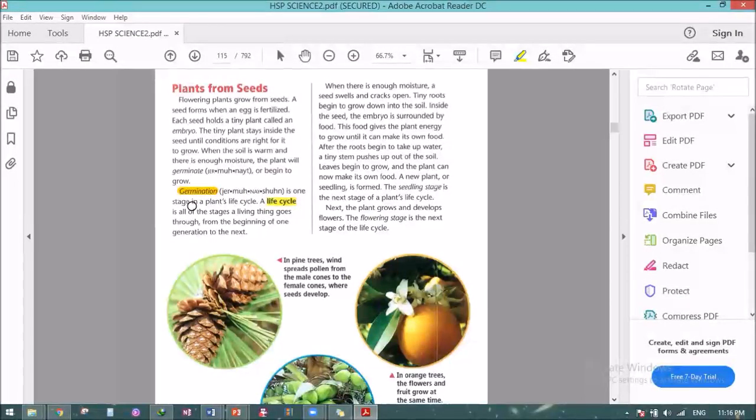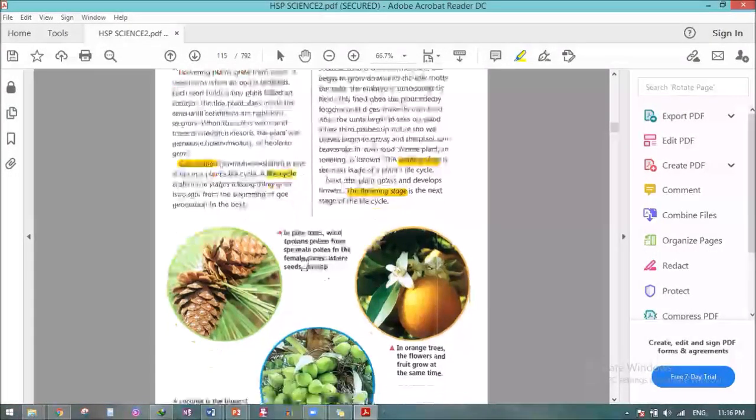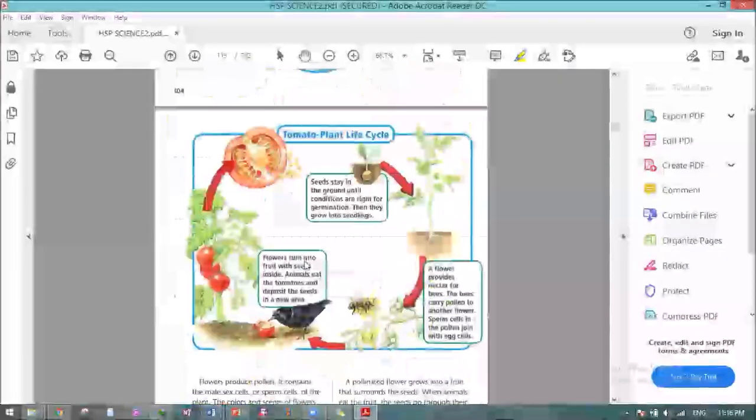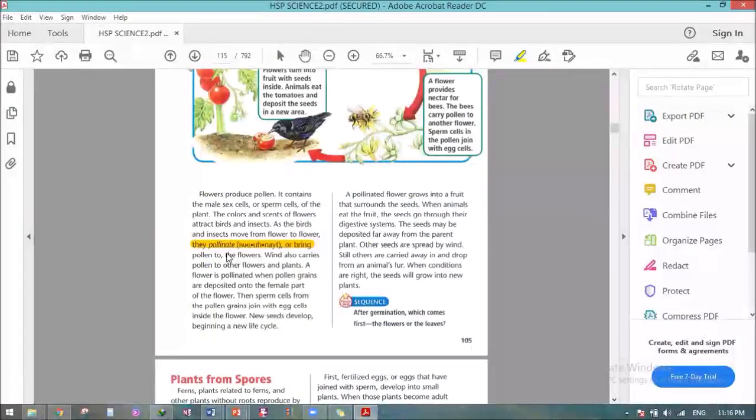So basically, guys, we learned about germination, which is the first stage in the life cycle of plants, the seedling stage, where we have now a new plant with fruit, stem, and leaves. And then the flowering stage, where the plants start producing flowers. You also learned about pollination, okay?